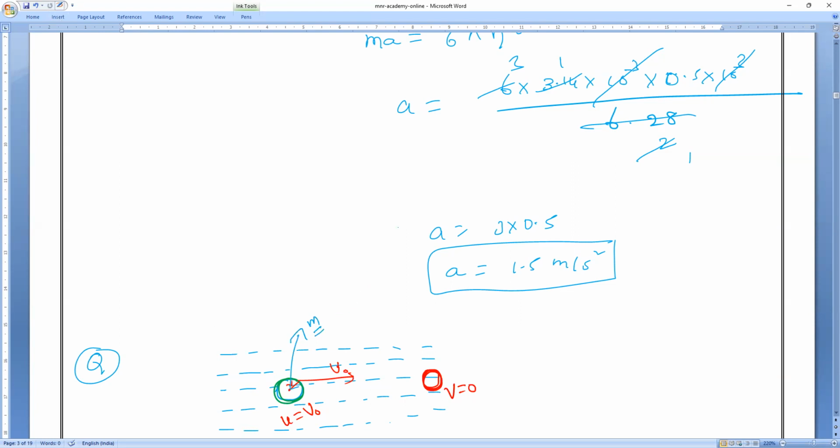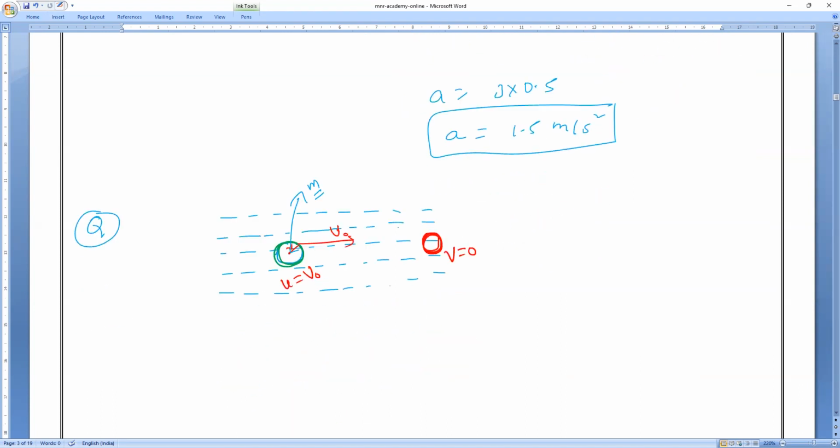The question is: find the distance traveled by the object before stopping. That is only our question. What is the velocity before stopping? Find the distance traveled by the object before stopping, they are asking.